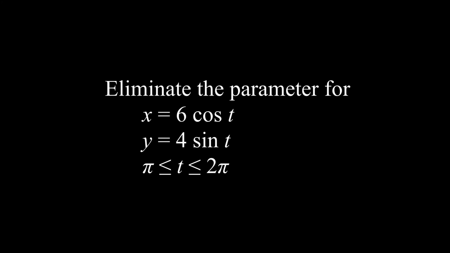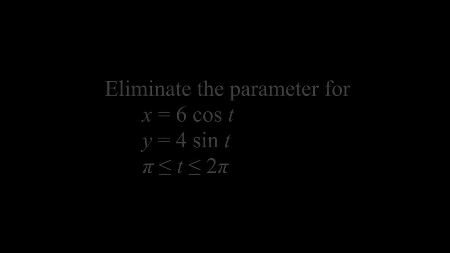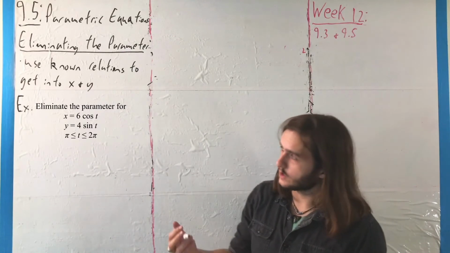So for this example, we want to eliminate the parameter for the equations x equals 6 cosine t, y equals 4 sine t, along the interval from pi to 2 pi in terms of t, and then use what we get to graph the plane curve. So what we need to understand here is what our goal might be.